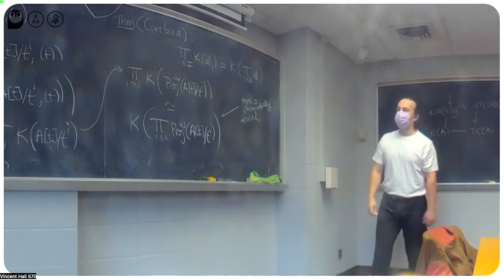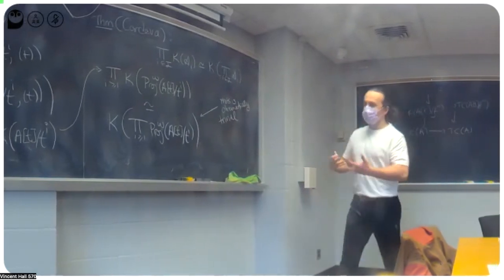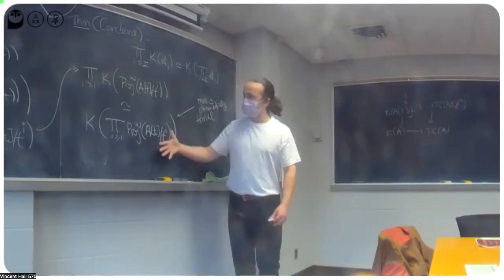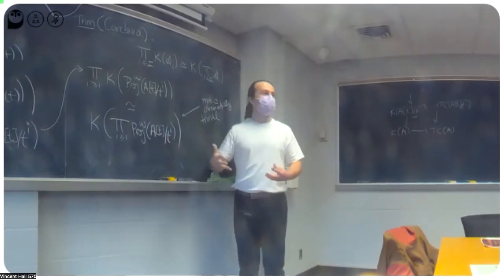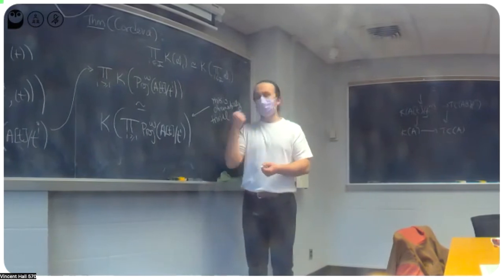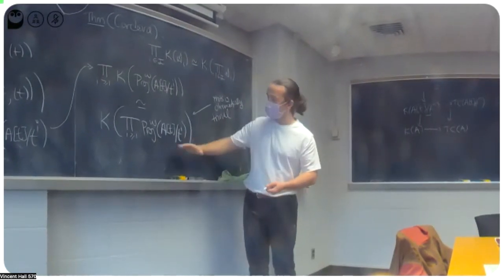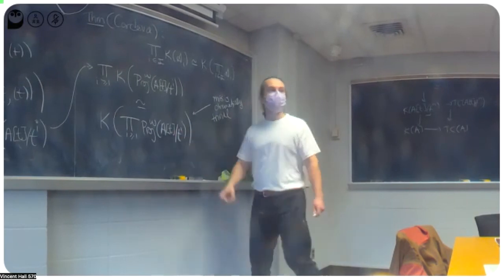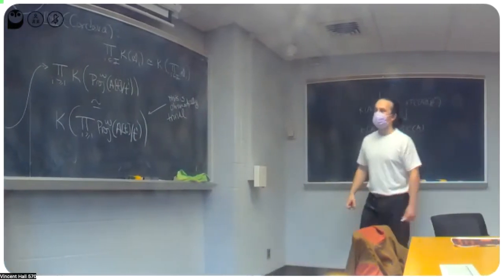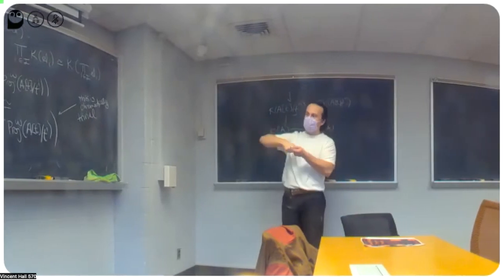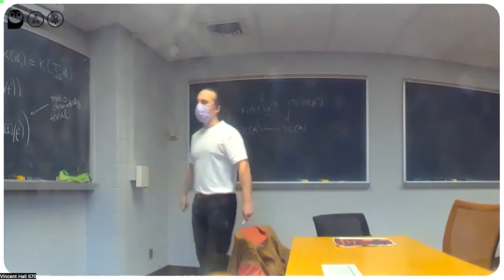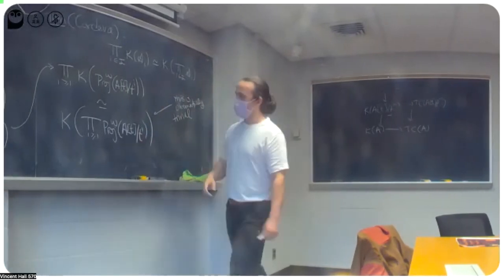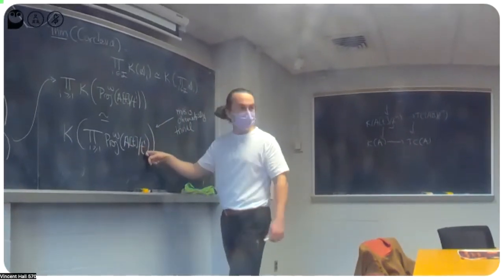in the correct range. We have a bit more control on this situation now because the objects in this category are just things that look like retracts of finitely generated free things. But these polynomial algebras themselves receive maps from A. And so the objects in here are effectively just sums of things that look like this.